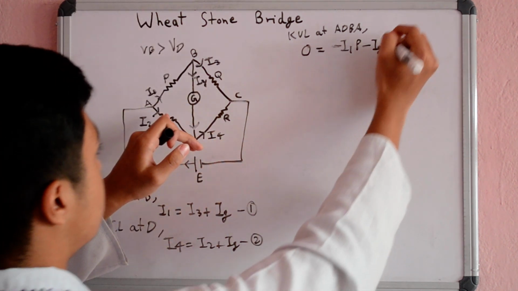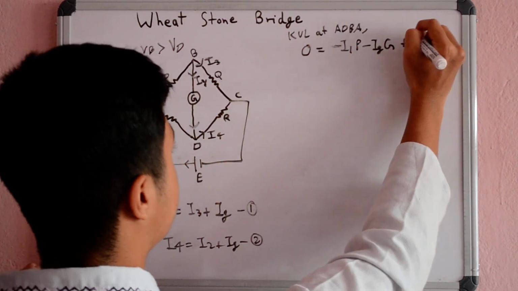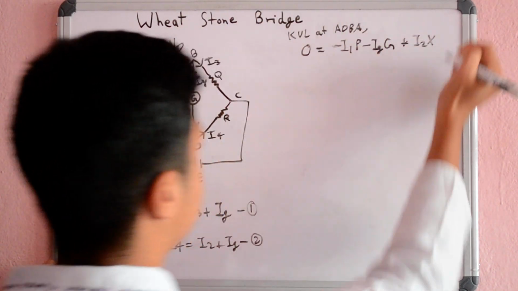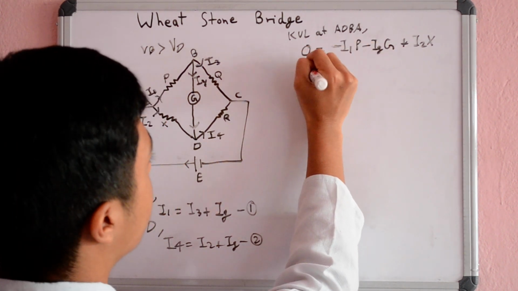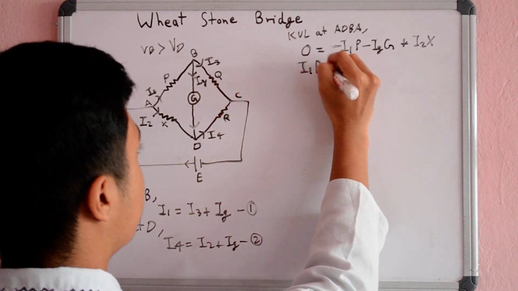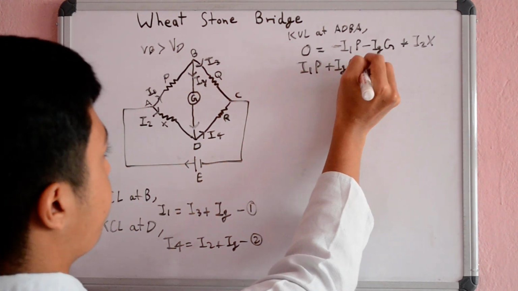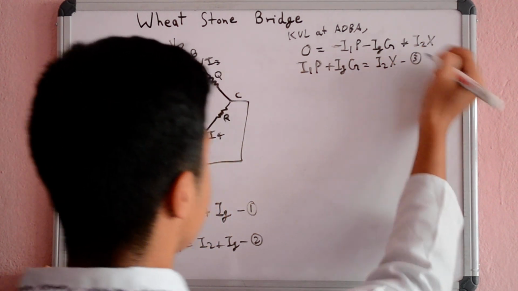And here I2 is going anti-clockwise, so it is I2X. And here we can clean up a bit, make it all positive, so I1P plus IgG is equal to I2X, equation 3.